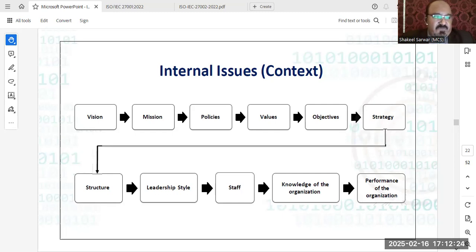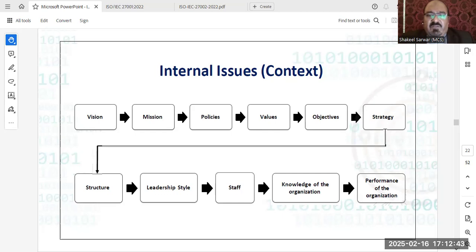Technology and infrastructure: the robustness and the scalability of IT systems, the use of legacy systems that may introduce vulnerabilities, internal networks, software and data storage solutions.